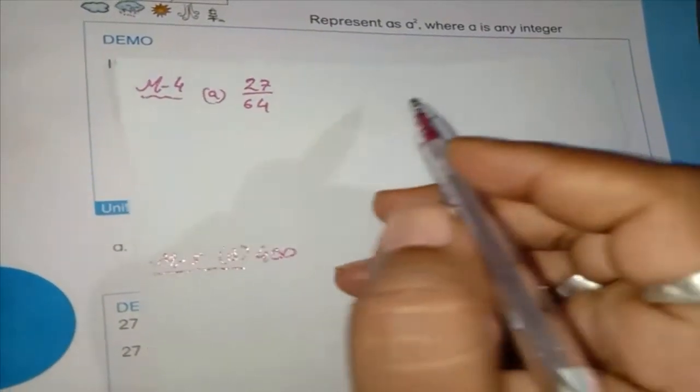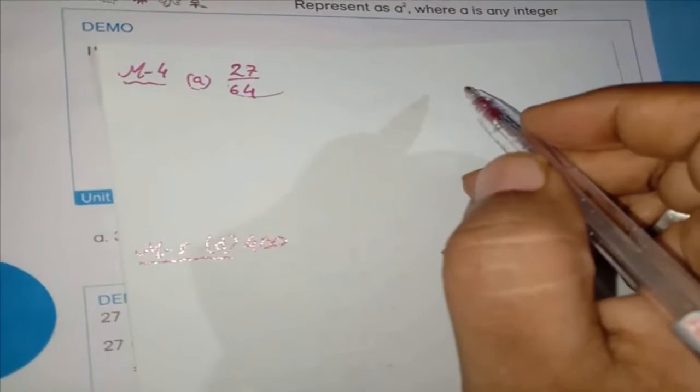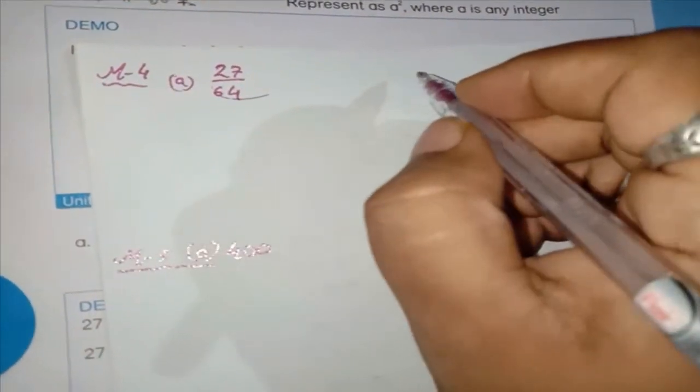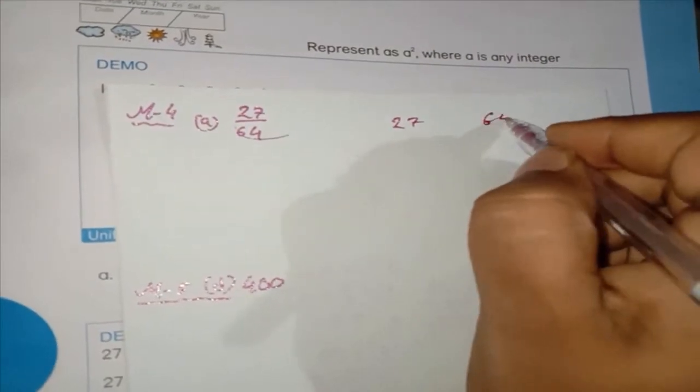Okay, in module number 4, we have to represent a fraction in an exponential form. So what we will do, we will do the prime factorization of the numerator and the denominator separately.